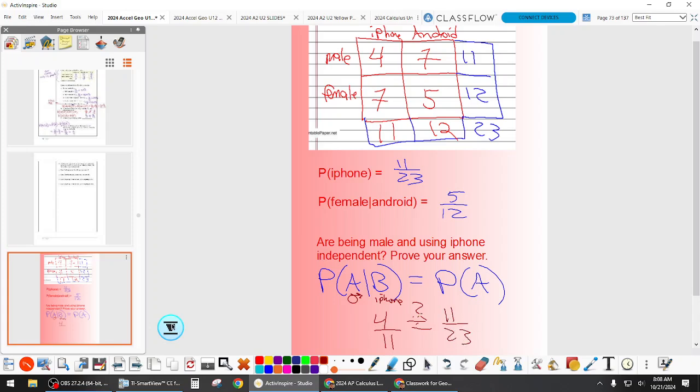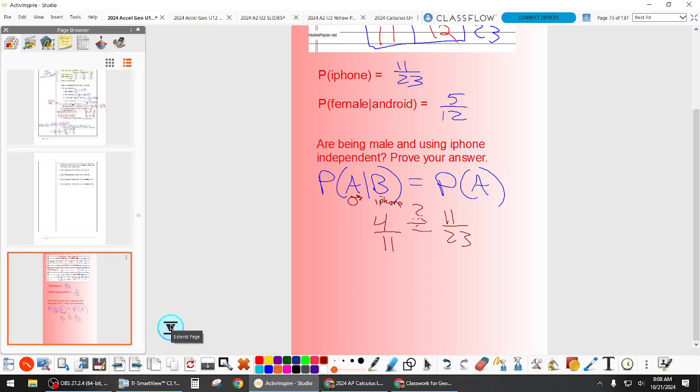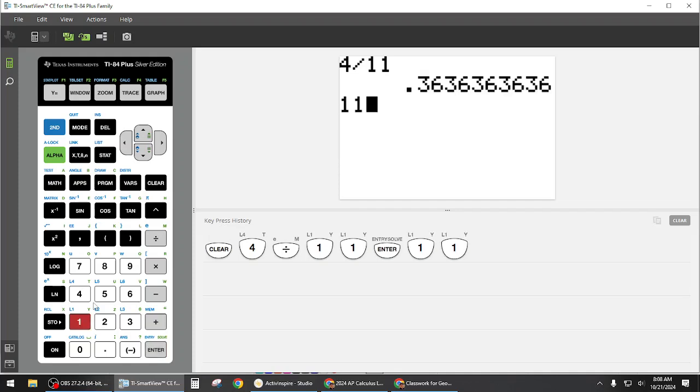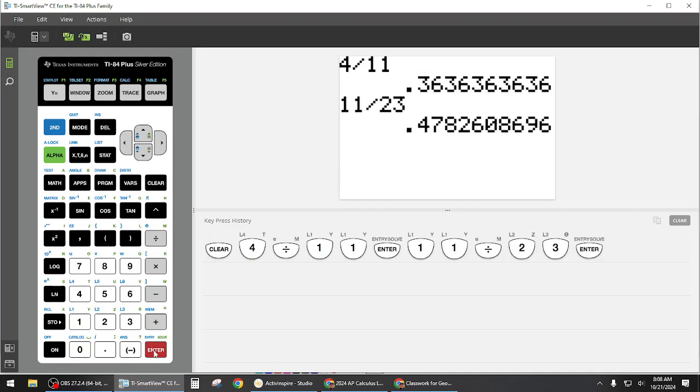Okay, so how do we check if those are equivalent? Do they look like they are? No. Probably not. So this is just under half. This is probably a little bit further under half. But it's probably good to check this one. So just turn them into decimals. So definitely not the same.